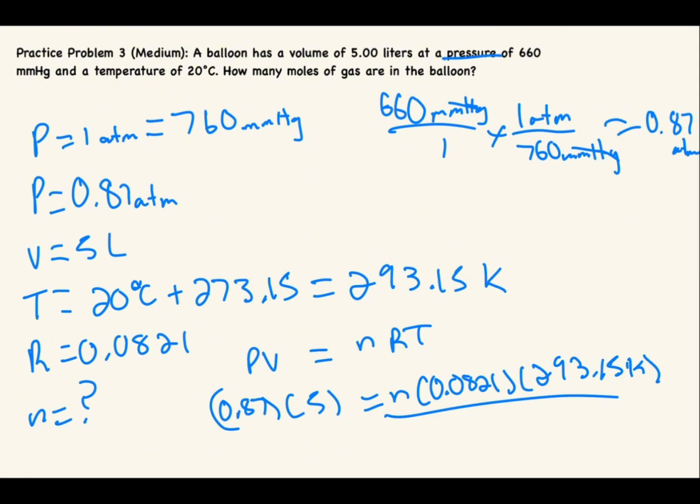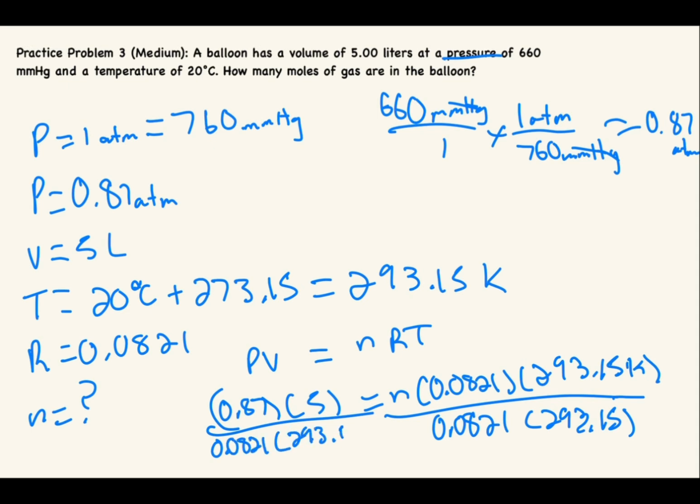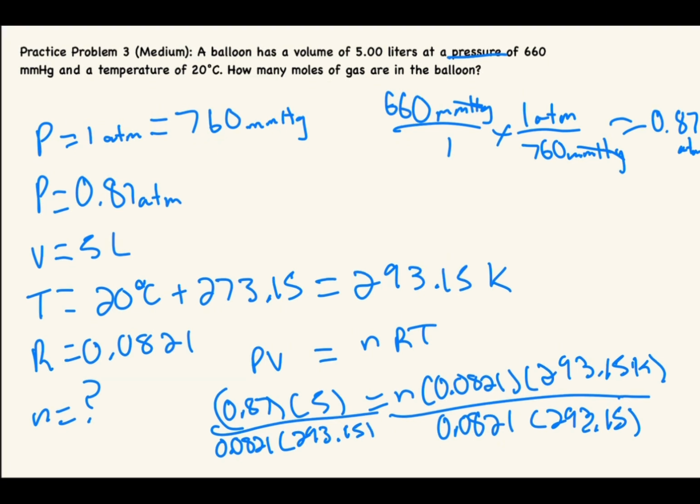So we will divide this side of the equation by 0.0821 and 293.15, and then divide the other side by that. And then we can just plug that into our calculator and get a value for N. All right, and I got N equals 0.181 moles.